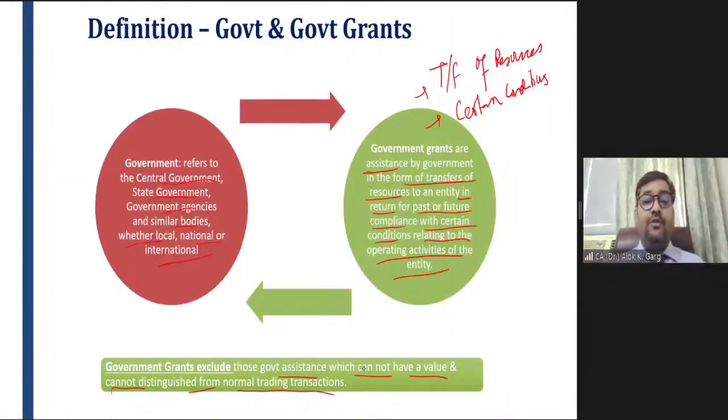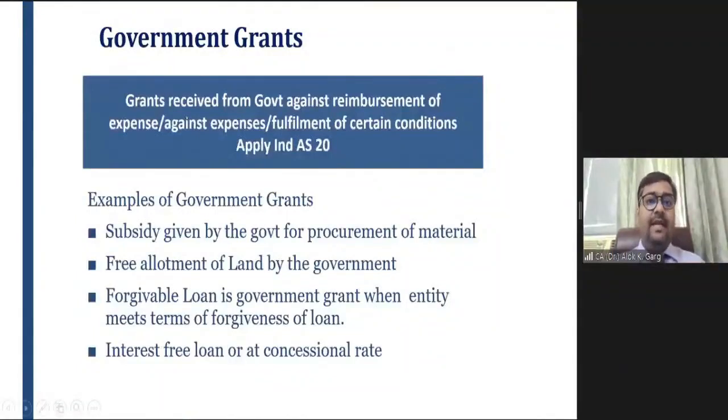So these were the basics. Now, examples of government grants. Grant received from the government against reimbursement of expense: the entity has already complied with the conditions, and now the entity is asking for the grant. The grant could be against expenses. Government has told the entity, please come to this location, please start your business, we will support you, and whatever your operating expenses will be, we will provide support for them.